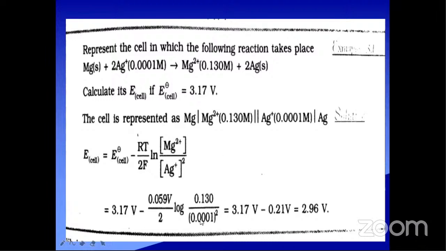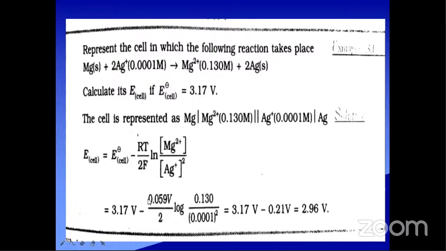How to simplify this? In 0.0001, 4 digits are there, that's why we can write 10 power minus 4. If 0.01 is there, after the point 2 digits are there, then we can write 10 power minus 2, like that. Here 4 digits are there, that's why 10 power minus 4, whole square. That means 10 power minus 8 will become.